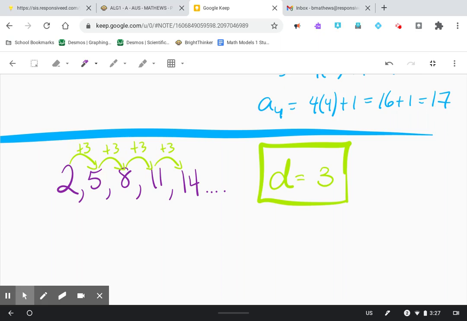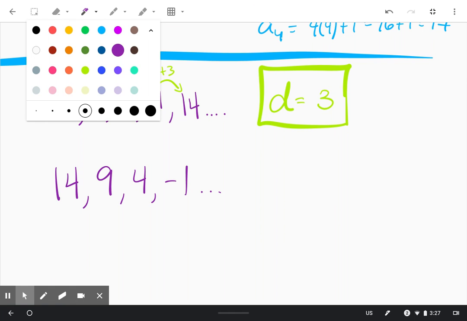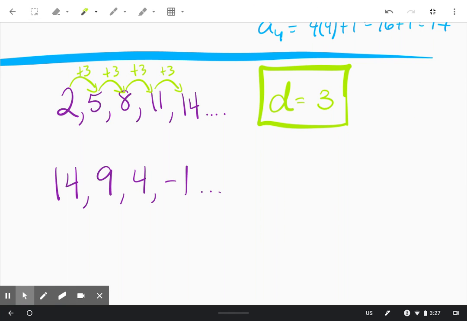What if I had the following: 14, 9, 4, -1, and so on. Let's look at what happens. To go from 14 to 9, I subtract 5. Then I subtract 5 again, and again.